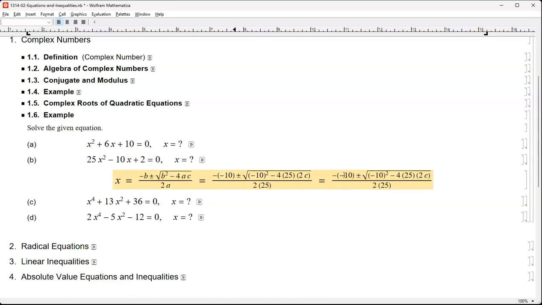Negative of negative 10, so this is positive 10. And then negative 10 squared, positive 100. And then 4 times 25 times 2. 4 times 25 is 100, times 2, so that's 200.